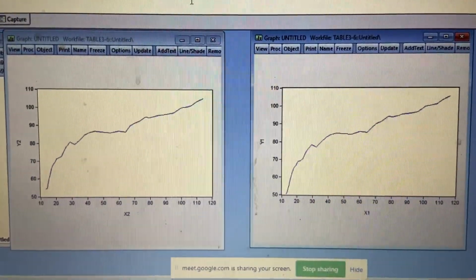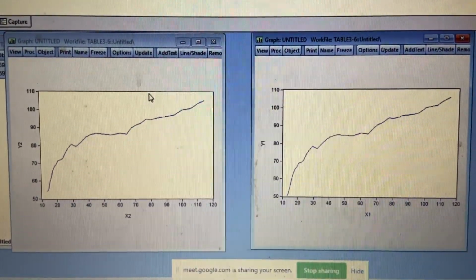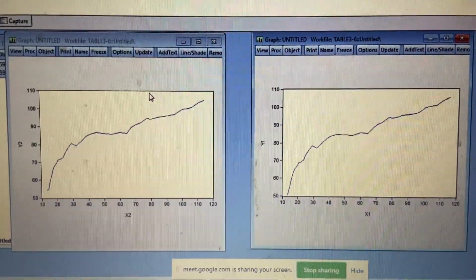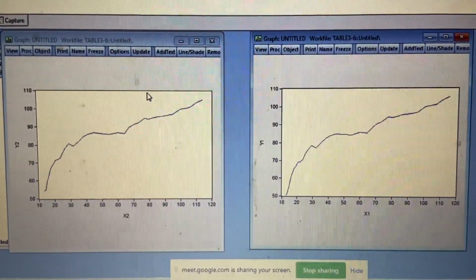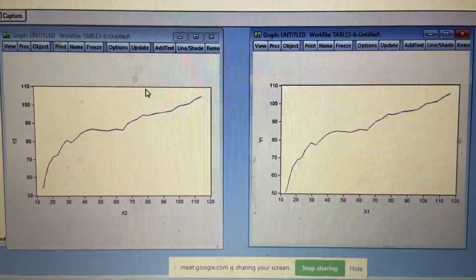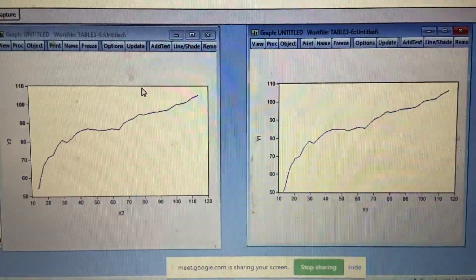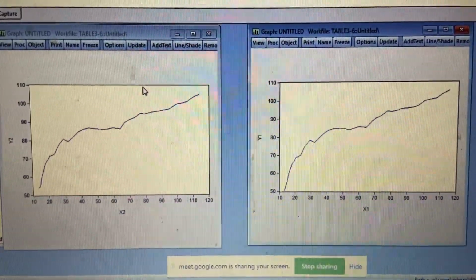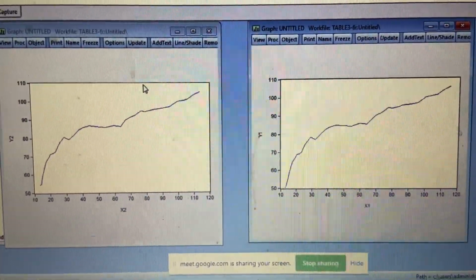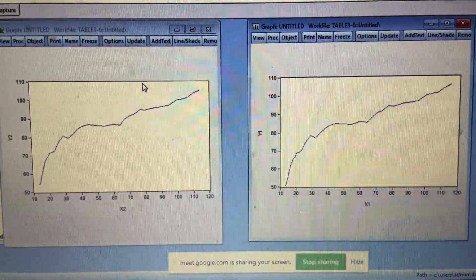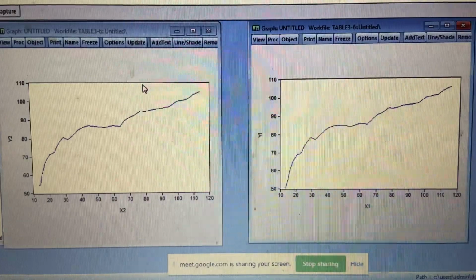So from the graph, can you see any relationship? Now, Y is for the compensation, and X is for the productivities.